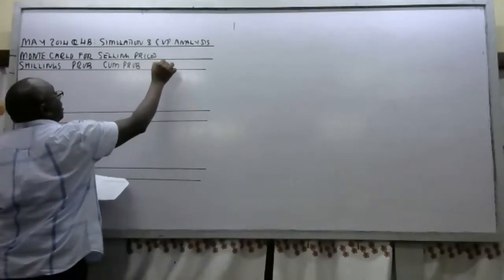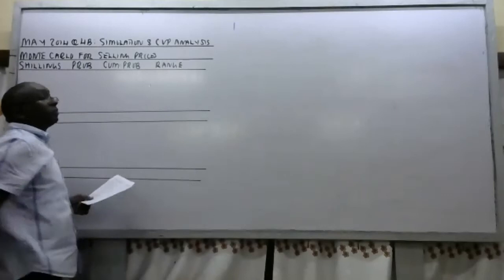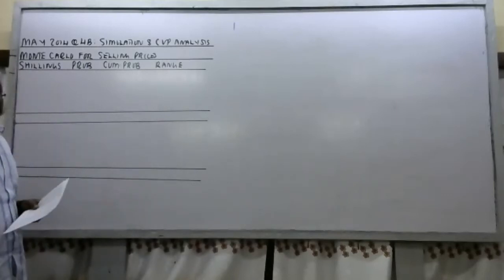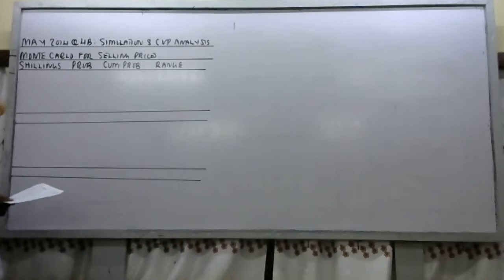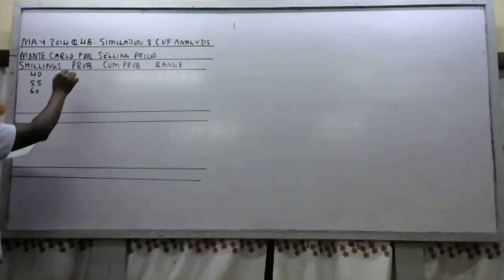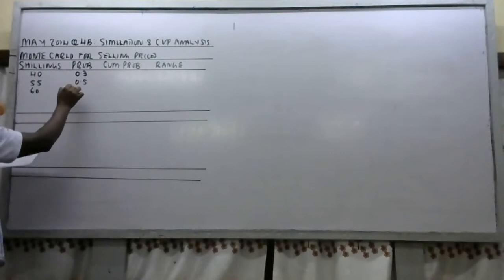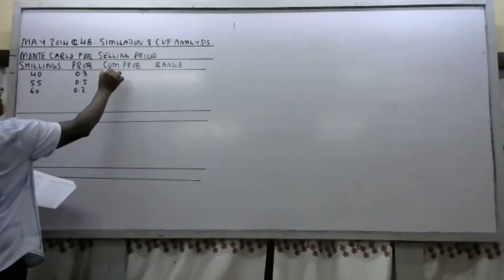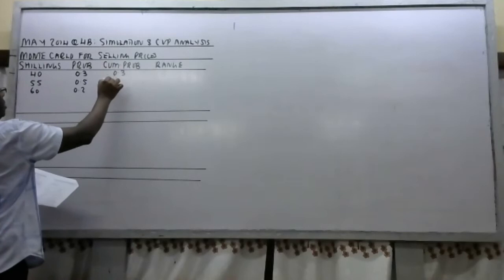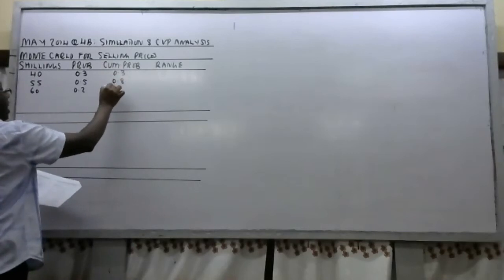And then we shall have the range. So we have 40 here, 55 and 60. Probabilities are 0.3, 0.5, and 0.2. When you cumulate, this is 0.3, 0.8, and 1.